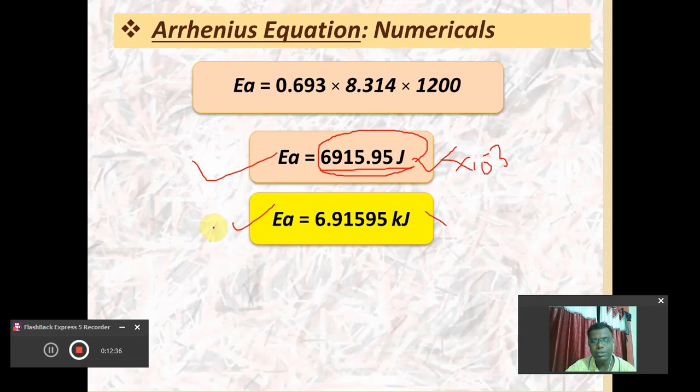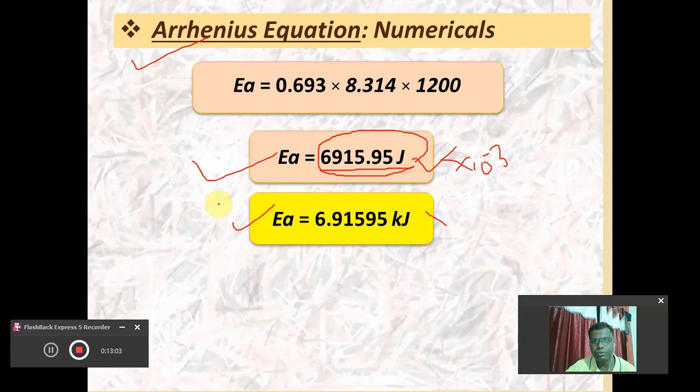And energy of activation is very important to describe the rate of reaction, because the rate of any chemical reaction depends upon the value of energy of activation, that we already discussed in the previous part of the lecture.